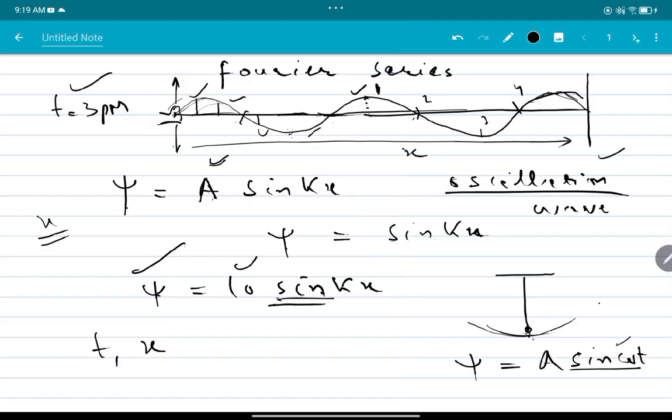Only 1. My focus is at 1. This means that position is fixed. 1 has a fixed position. But the displacement of 1 is not fixed. It changes. If I look at 1, right now I am seeing it at the top. Then I will see it coming down, then going below the mean position to the negative peak, and then coming back and keeping on doing this.